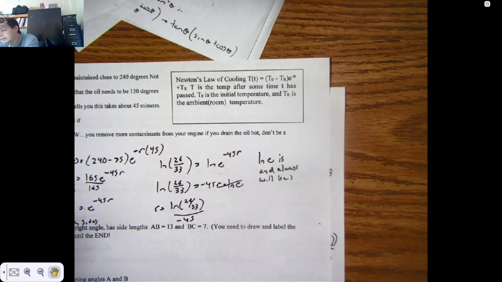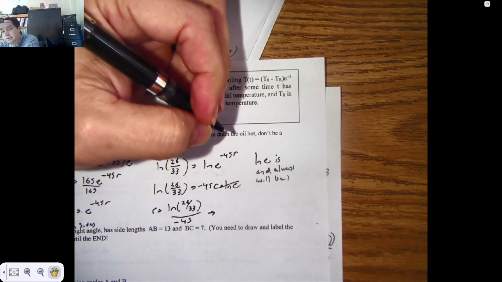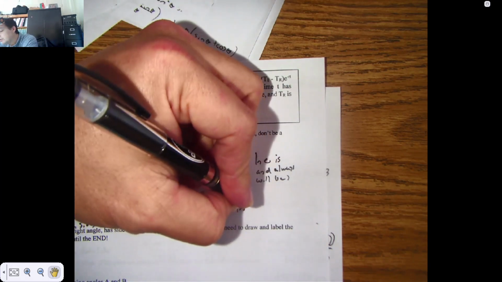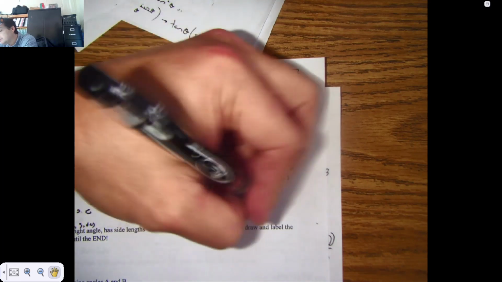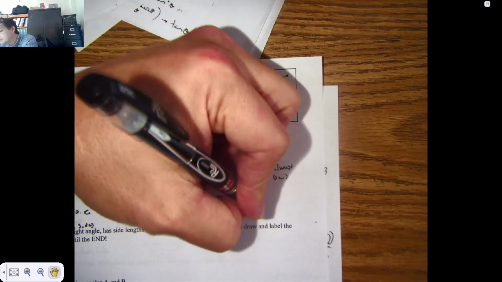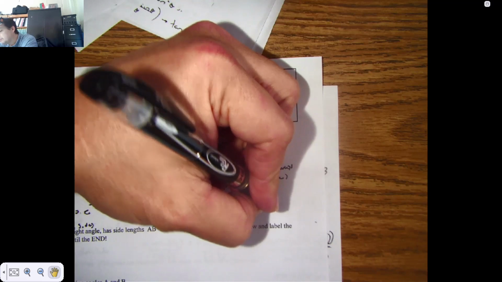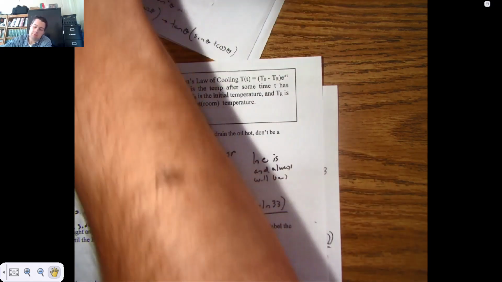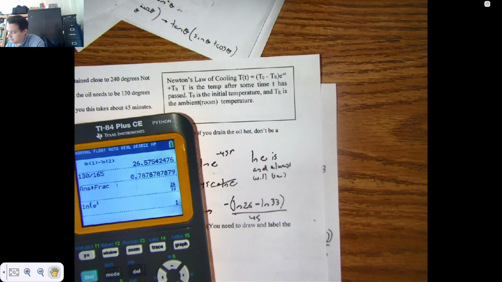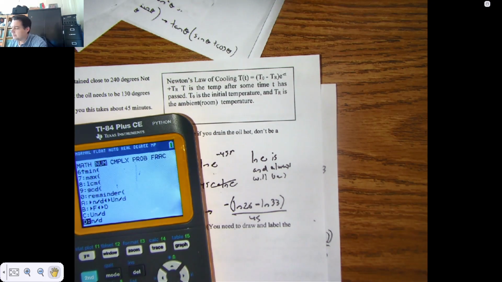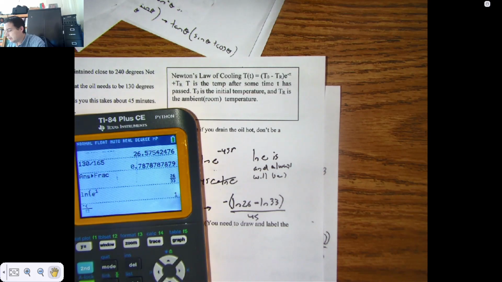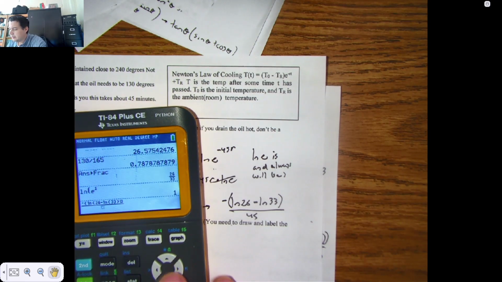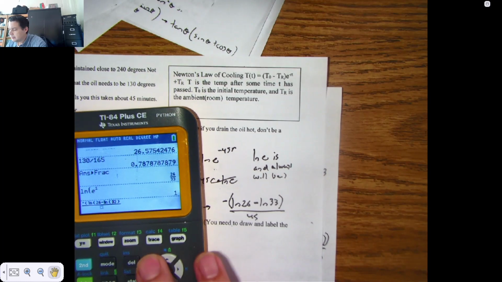And again, I highly encourage you to write this out in a more traditional manner. Negative parentheses, natural log 26 minus natural log 33, over 45. I forgot to close a set of parentheses.